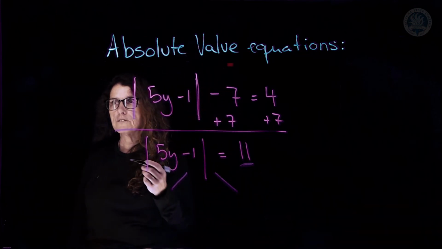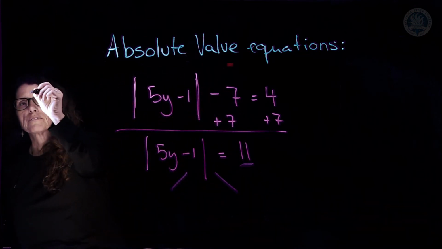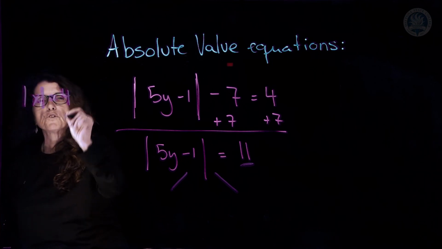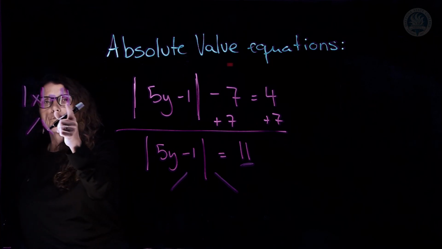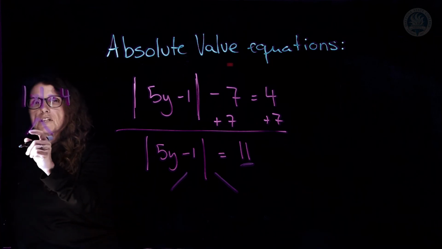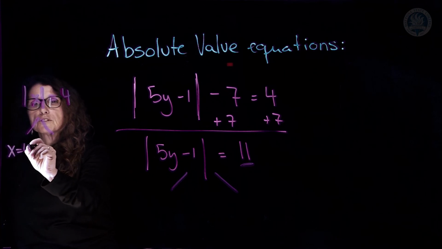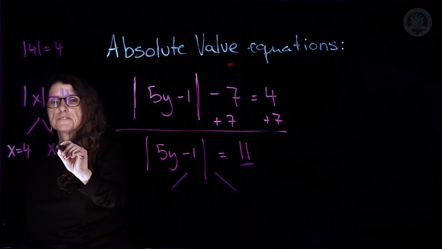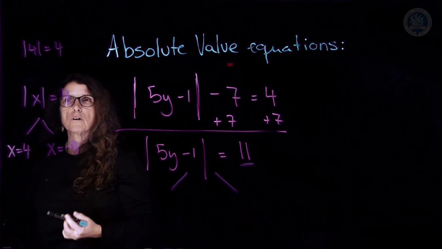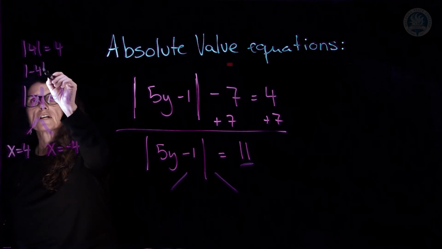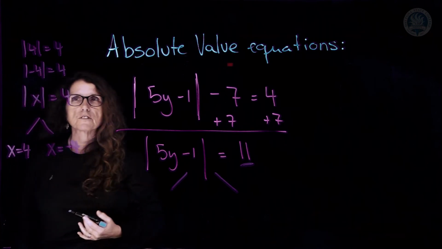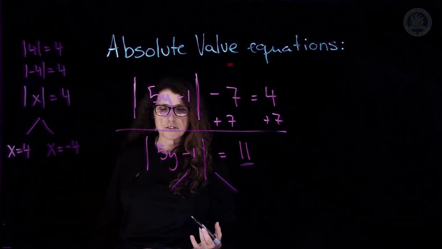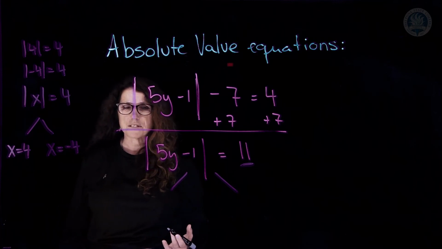Because absolute values, if you recall, a really quick review here, the absolute value of x equals 4, for example, which two values make this a true statement? Well, we can say x is equal to 4 because the absolute value of 4 is equal to 4, but we can also say that x is equal to negative 4. Why is that? Because the absolute value of negative 4 is also a positive 4. The absolute value is a distance problem. Distance from 0, distance is positive.